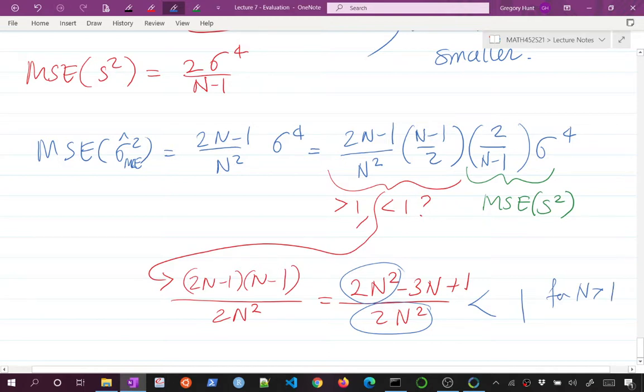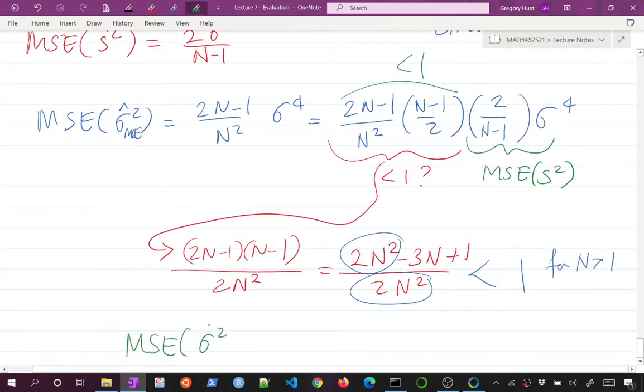And so indeed, this multiplier is less than 1. So the MSE of the MLE is some multiple less than 1 of the MSE for s squared.